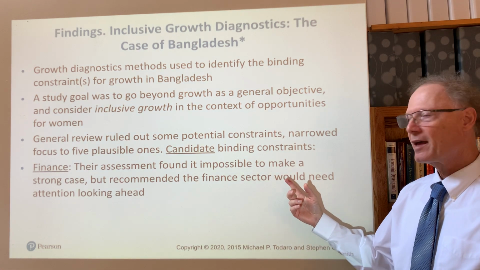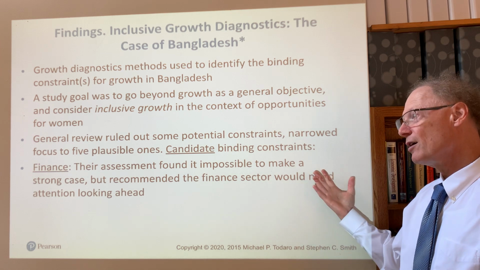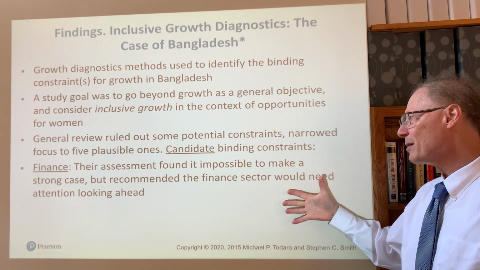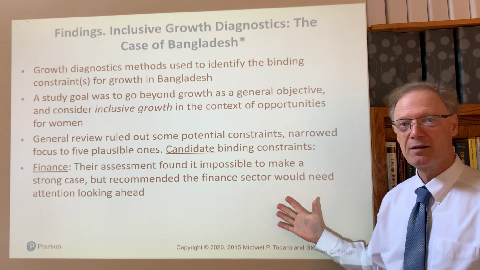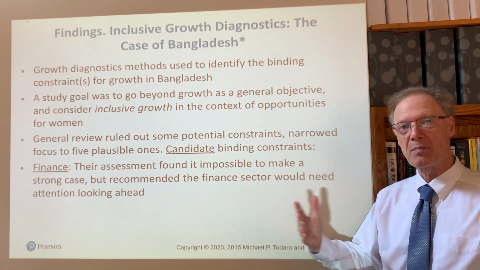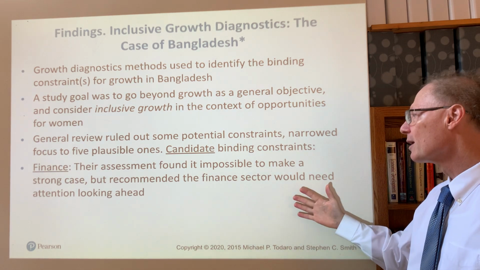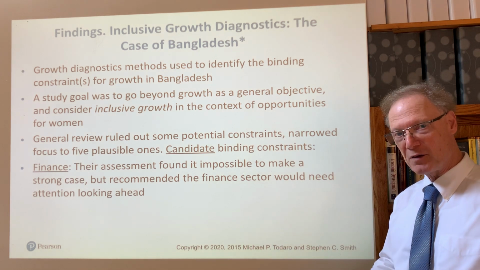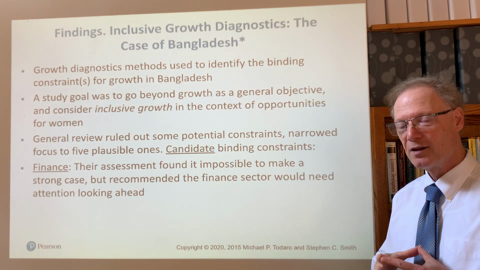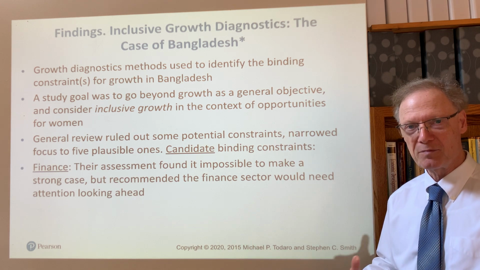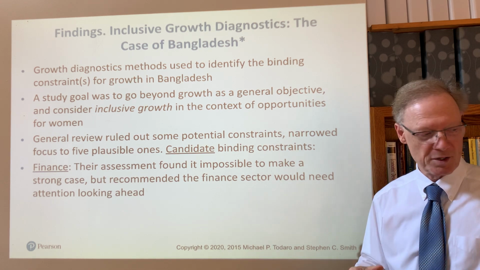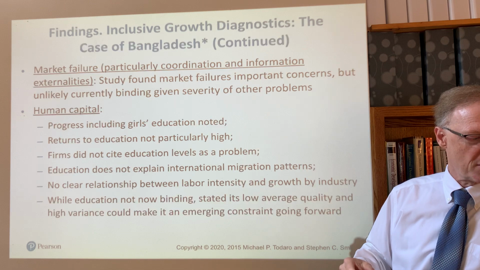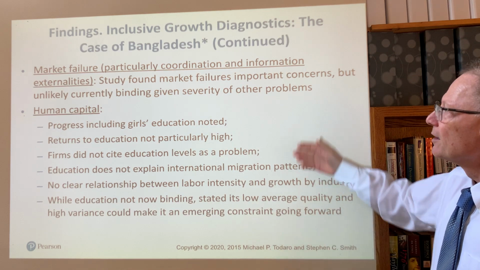So for the case of finance that we just addressed, their assessment said, well, we just cannot make a strong case that this is what's binding right now. But they recommended that it would need attention going forward. So there's a lot of different conclusions that you can draw once you get into doing this in practice. It's maybe not always as simple as the basic model might suggest.